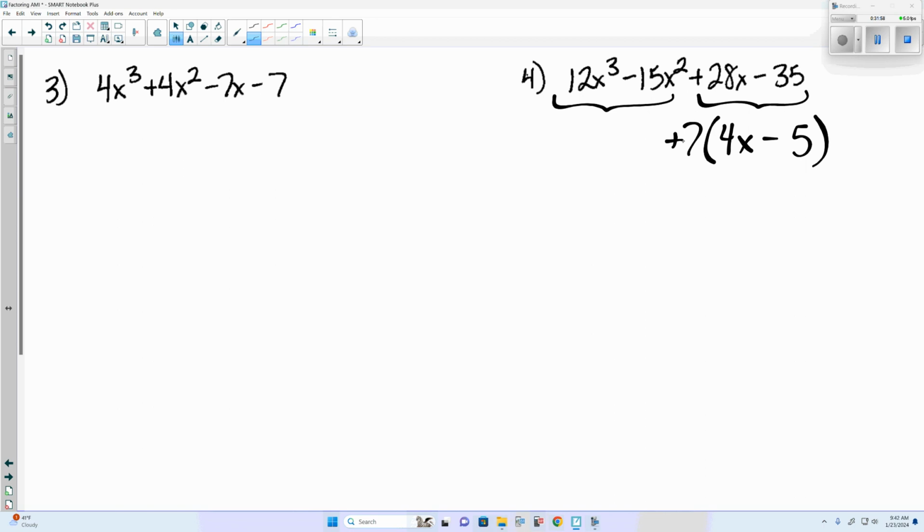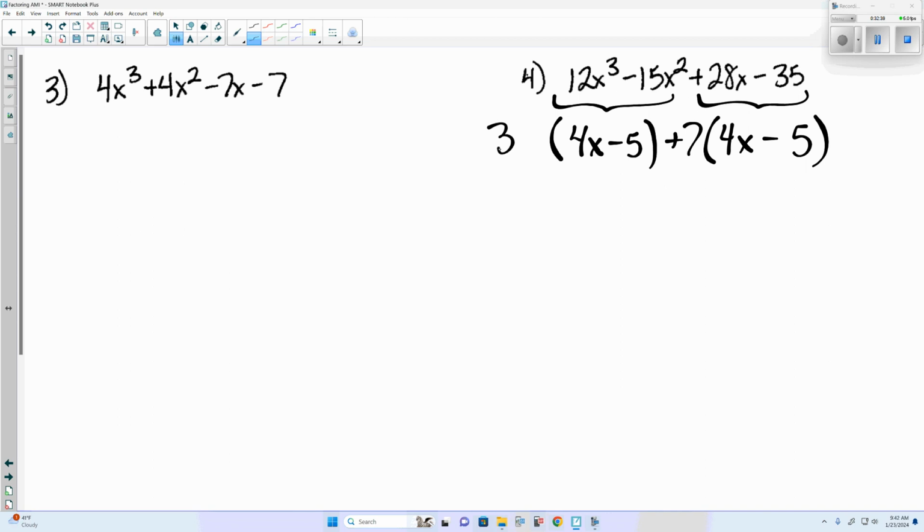Now it seems a little odd that we would do it this way and not do the first two terms first. But with factoring by grouping, we need to have something in common with both of these once we factor out that greatest common factor, yes? So what's inside the parentheses in the first has to match the second, which means if this is going to work, this is also going to need to be 4x minus 5, yes? 12 divided by 4 is what? 3, yes? 15 divided by 5 is 3, yes?